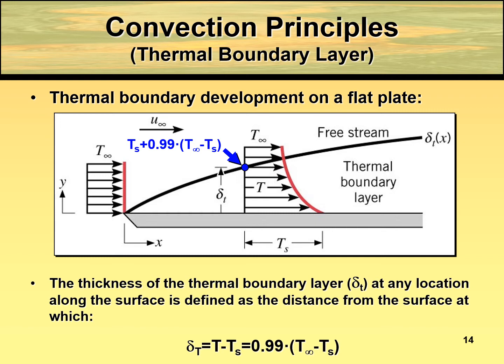So with that, we can have a thermal boundary layer development on a flat plate similar to the velocity boundary layer, but the profile will be a little bit different.